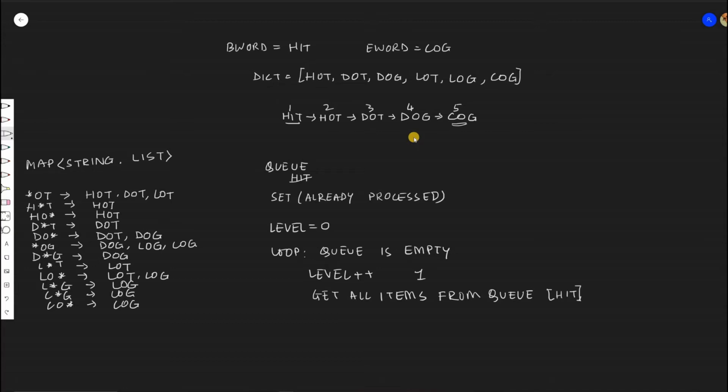Okay, so let me put it here. And then we are going to loop this list and get items from the list one by one. Let's say we are storing them in C word, current word, and the word is hit.